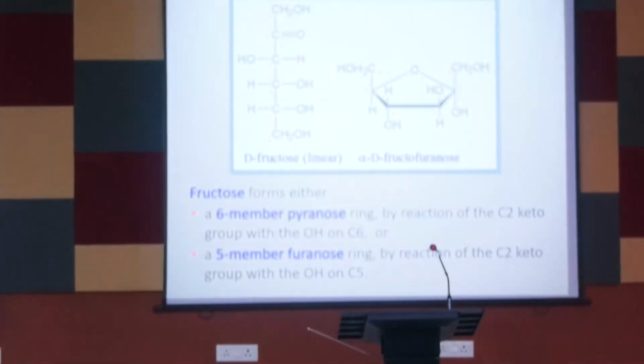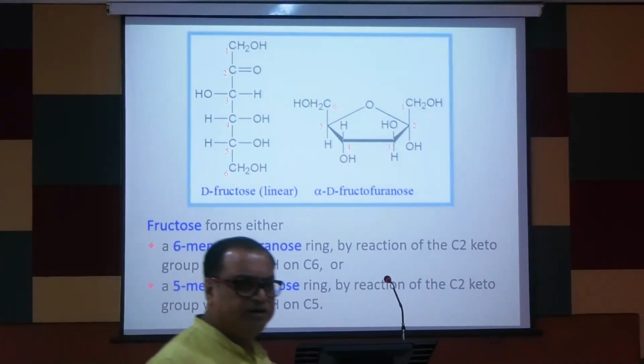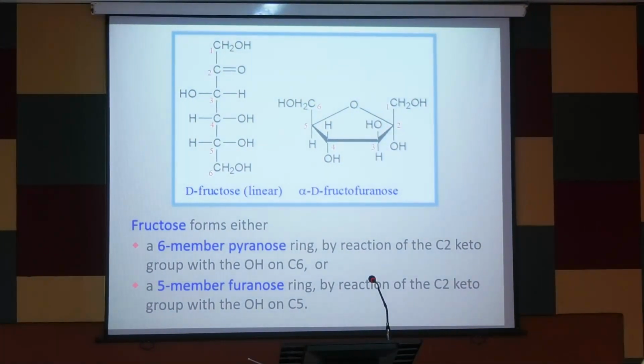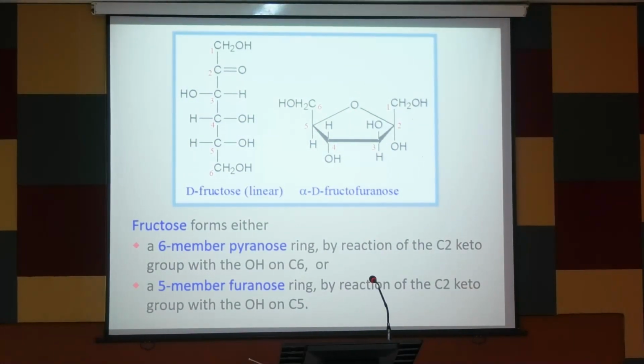So this is for glucose and this is for fructose. In this case, C2 and C5 have formed the linkage, right? So one oxygen is there and this furanose ring structure is formed.